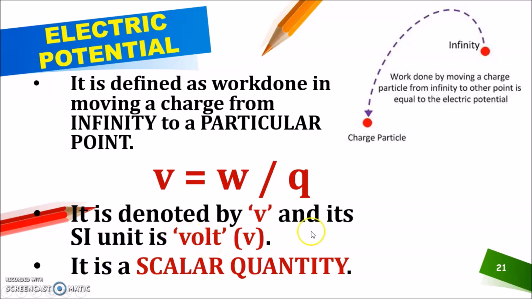It is a scalar quantity, or we can say that its SI unit can be joules per coulomb, or volt, both are correct. Is it clear?